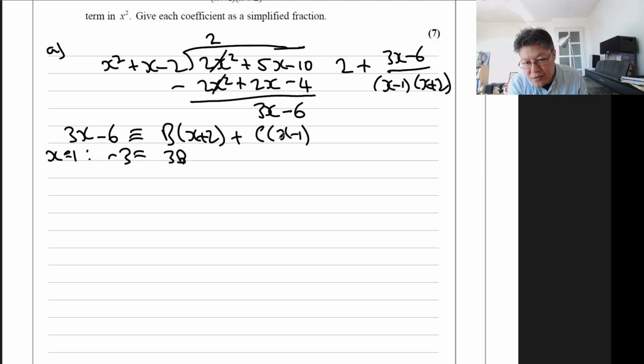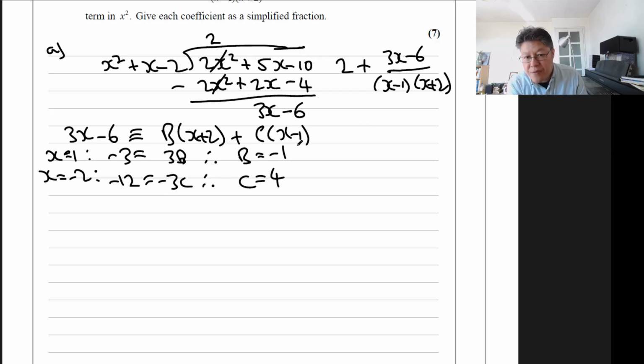And this cancels, this is a 0, so therefore B = −1. The next x that we're going to try is −2 to make this term disappear. So x = −2, and on the left hand side that gives us −12, equals, this term disappears, and this gives us −3C. So therefore C = 4.